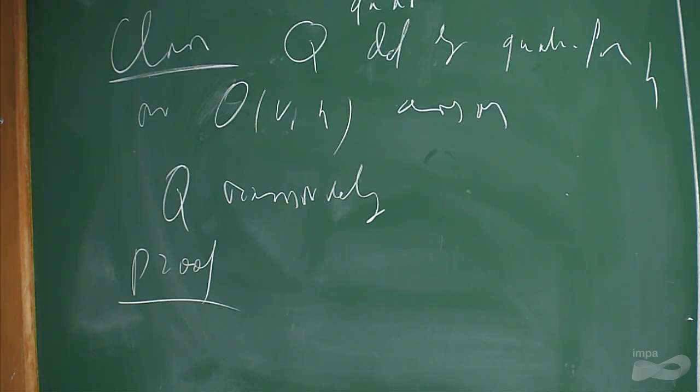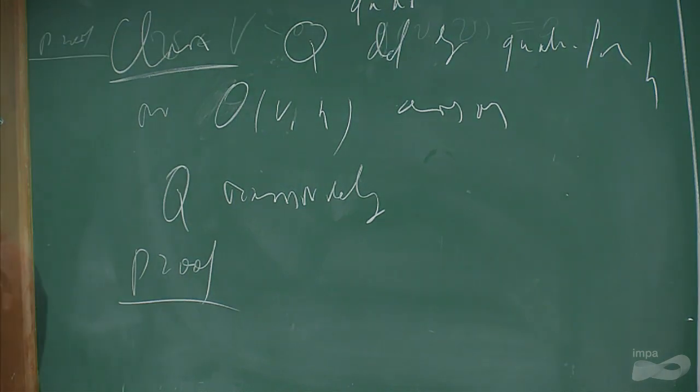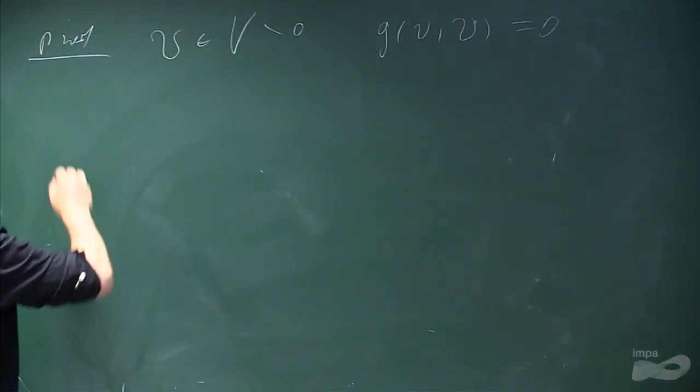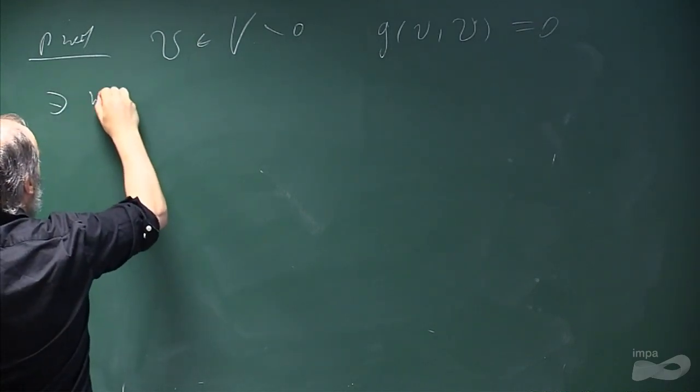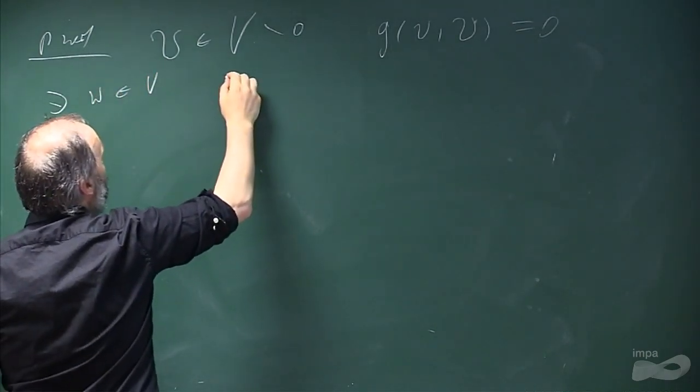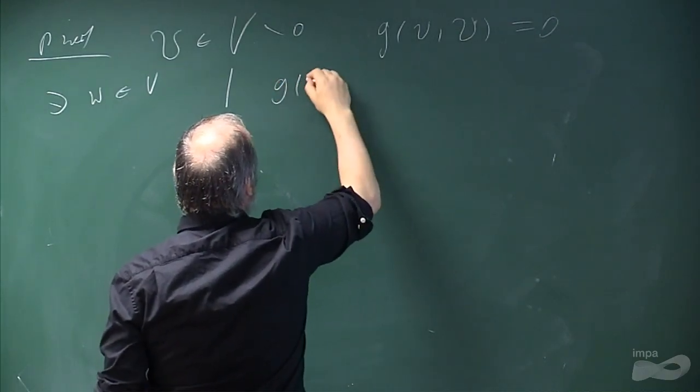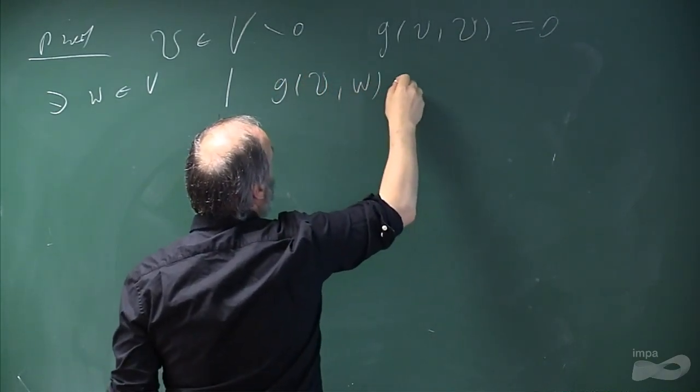You have a non-zero vector v such that g of vv is 0. And then we know that our quadratic form is non-degenerate, so there exists w inside V such that g of vw is non-zero.